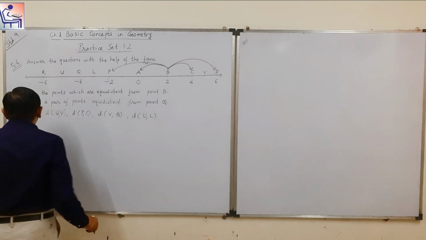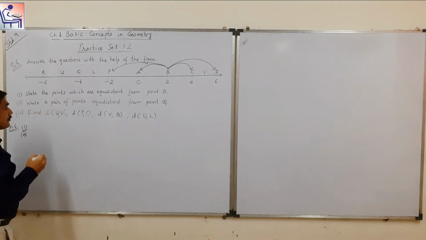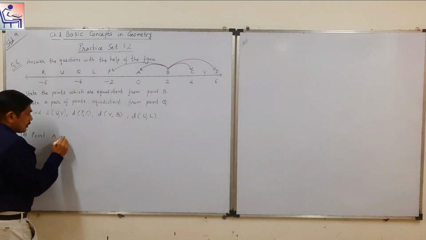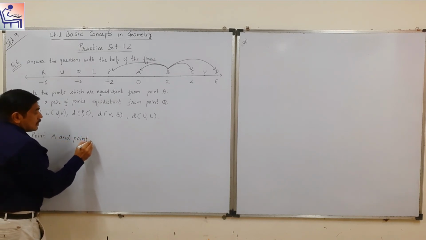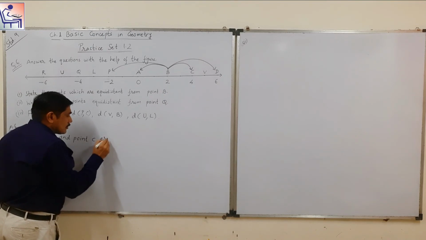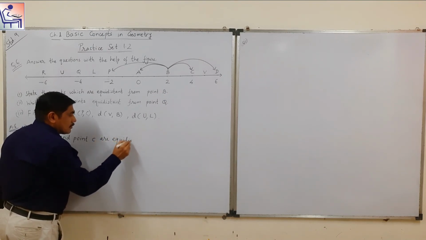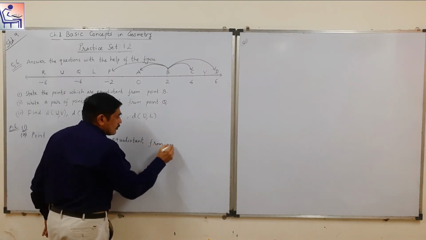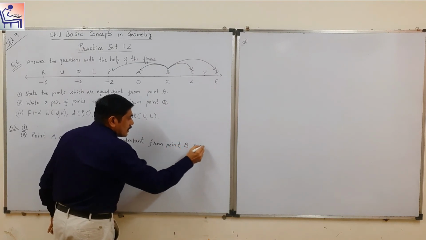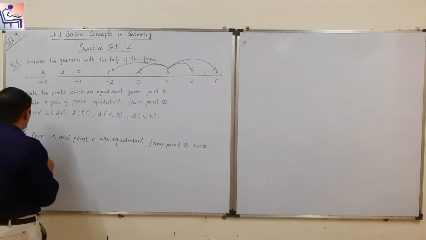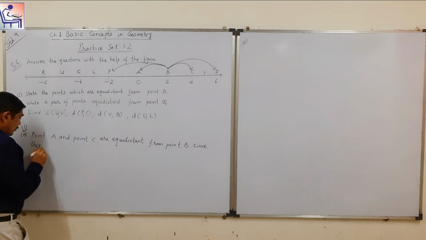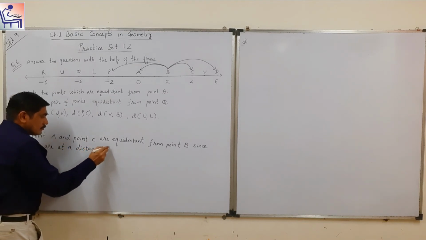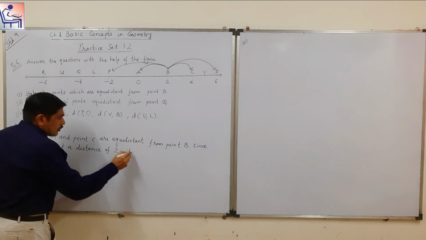So here I will write the first pair, point A and point C are equidistant from point B since they are at a distance of 2 units.